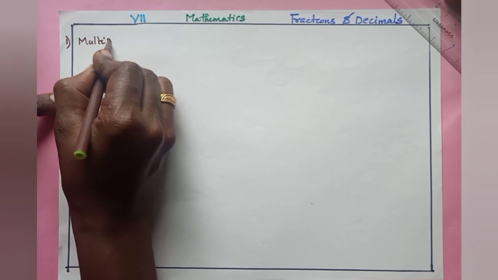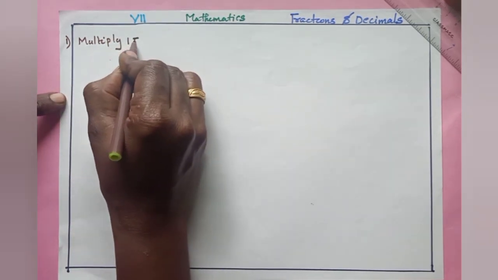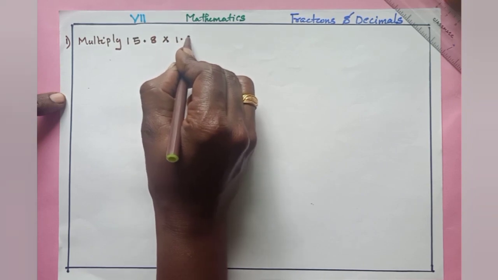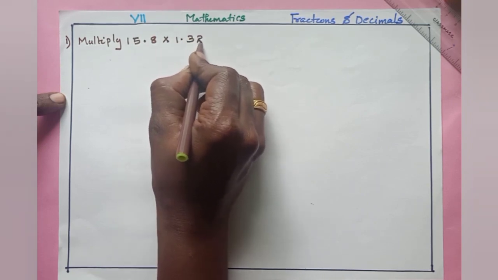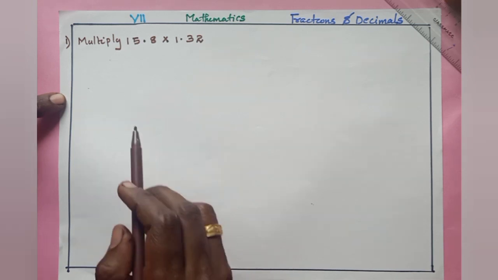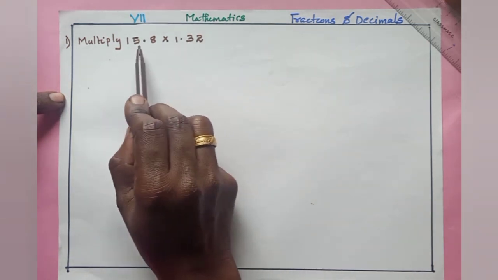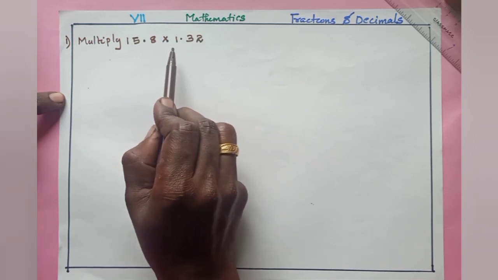Multiply 15.8 into 1.32. See, the multiplicand and the multiplier both are decimal numbers.